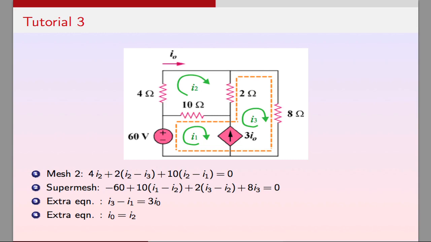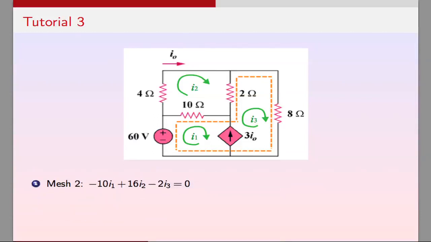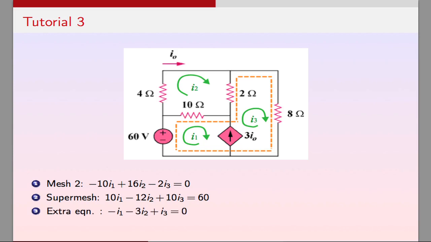And now we can substitute equation 4 into 3 and rearrange the 3 equations to get the following. This is mesh number 2 after simplification, and this is the super mesh equation, and finally here's the extra equation.